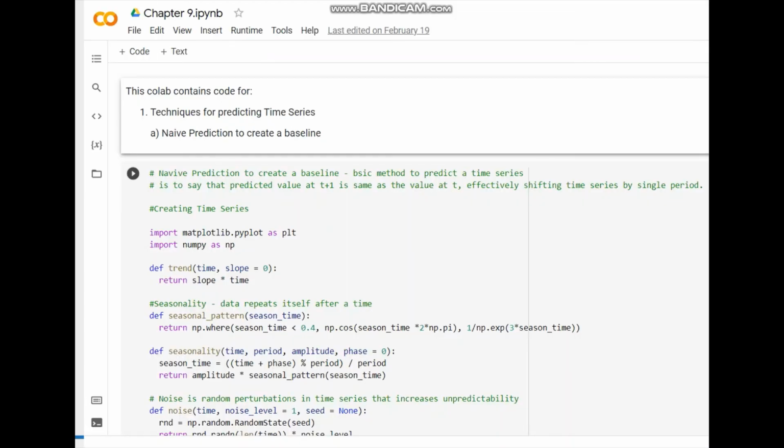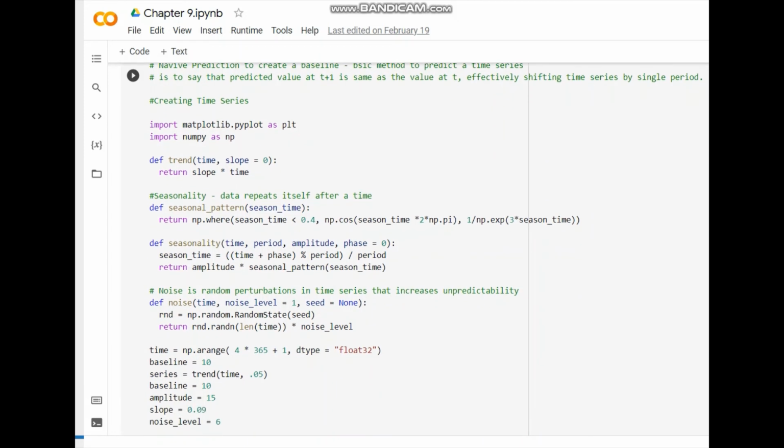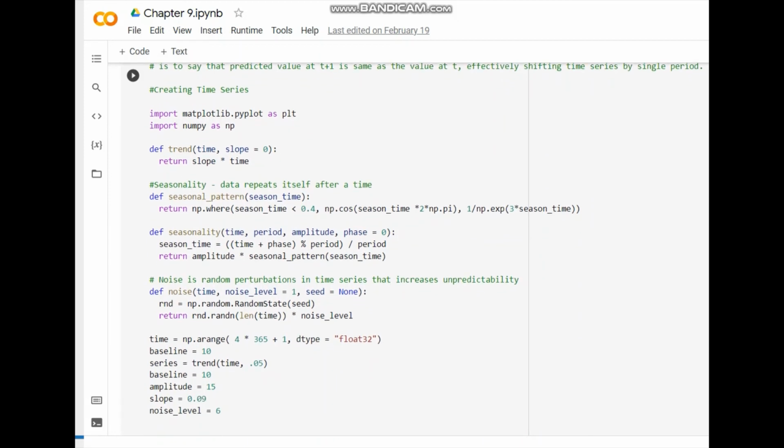Meanwhile, let's just jump to Colab and see how our project and the GitHub is working and see the code. So in chapter 9, we looked into time series data and we had some nice predictions to create a baseline. I am not running this currently, but I've done this before and you can see some of the plots that I got.